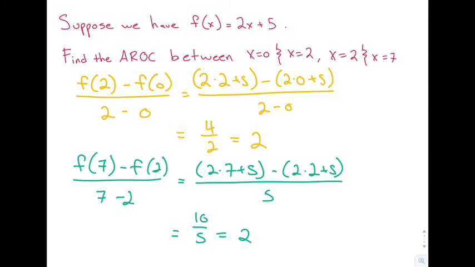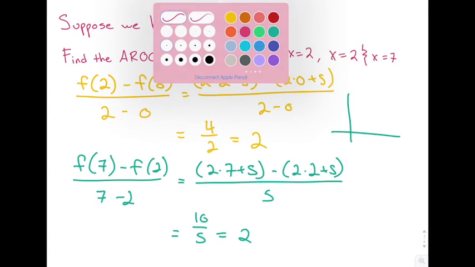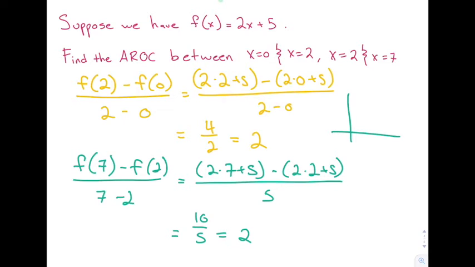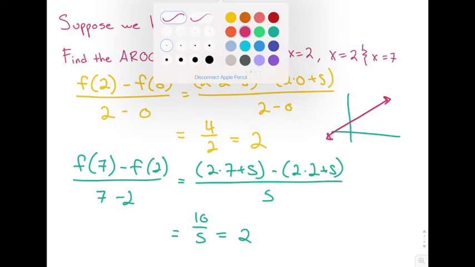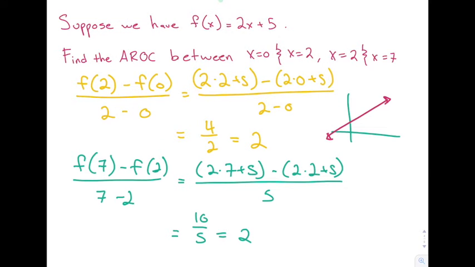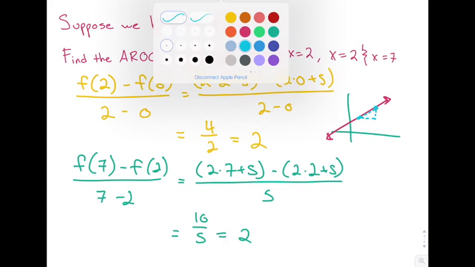Thinking about it, if I were to draw on a set of axes some linear function, so maybe it looks like this. This is the linear function. It would make sense that for any 2 points that we took, let's look at 2 cases. Suppose we looked at this one and this one. The average rate of change is the slope of that line between those 2 points, which happens to coincide with the slope of the function itself.